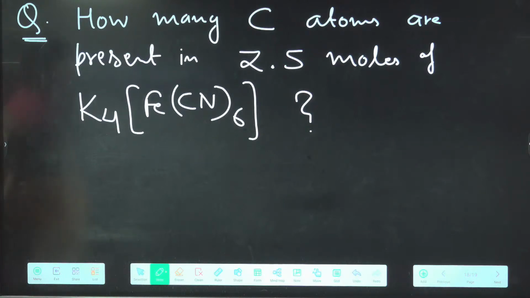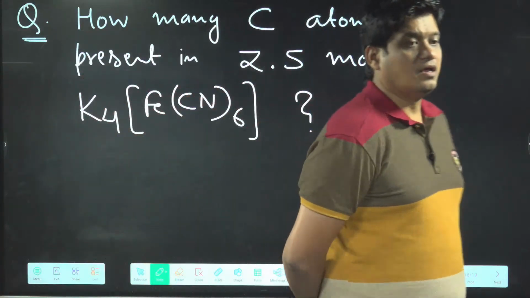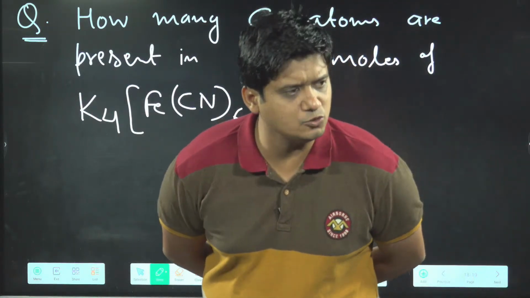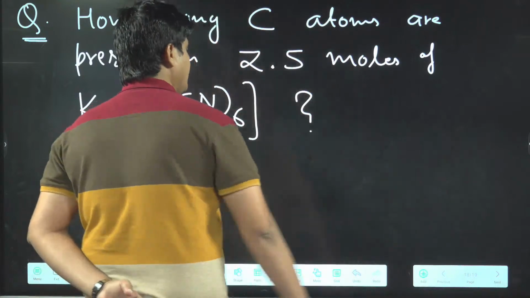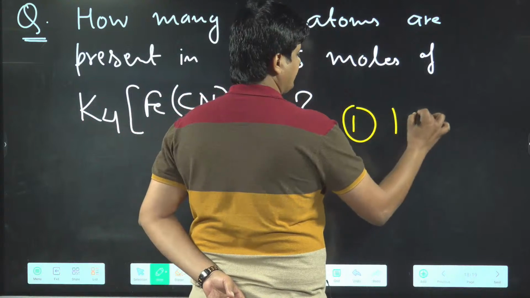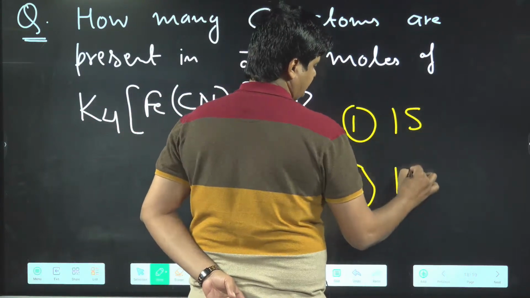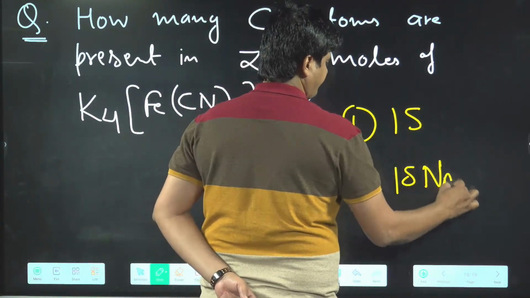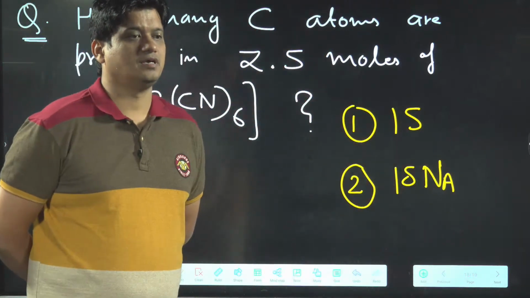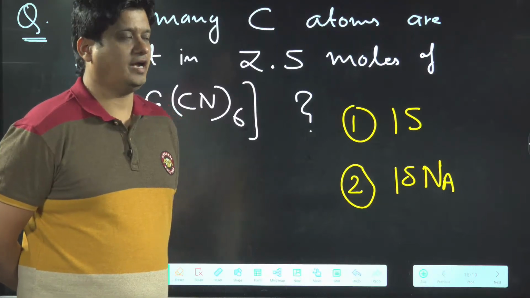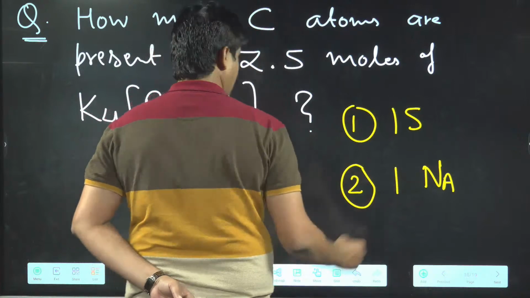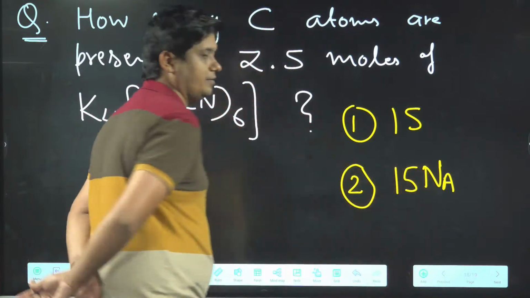Okay, 1 minute time period is over. Now, what I can see, most of the students are saying two types of answer, and I am giving you two options. One is 15, another is 15 Na. 15 and 15 Na.